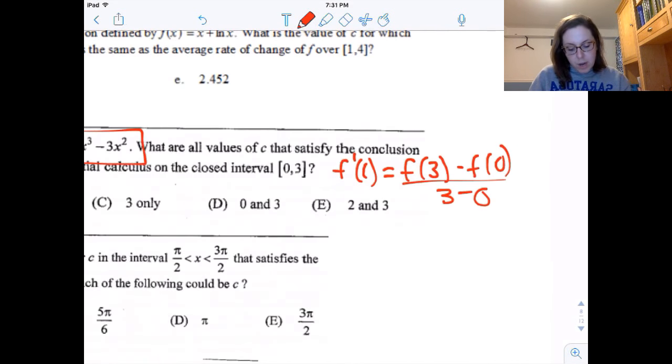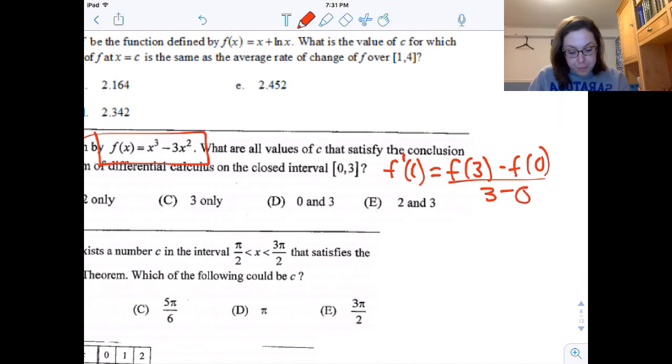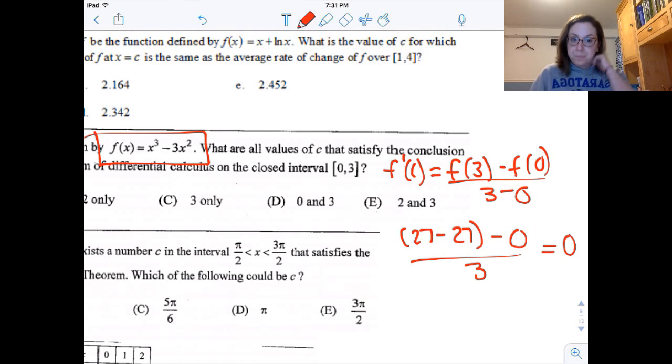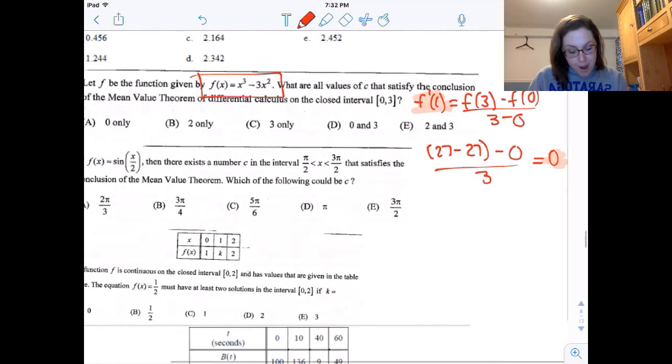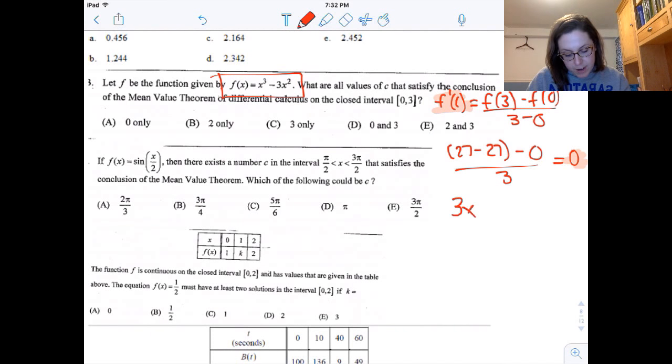So I'm actually going to calculate this. F of 3 would be 27 minus 27, okay, minus 0, okay, over 3. So this is 0. So what this tells me is that my derivative needs to equal 0 at some point. So I'm going to take F prime, which would be 3x squared minus 6x, and set that equal to 0.